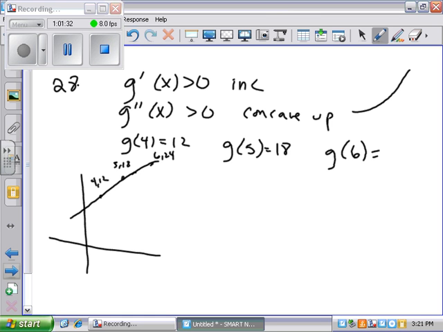It's increasing and concave up. So if you got something that's increasing and concave up, you expect that that next change in y should be greater than the old change in y because the change should be increasing. That's why the second derivative is positive. So you have to find a number that's greater than 24 because of the concavity. That change has to be increasing, and there's only one number there.